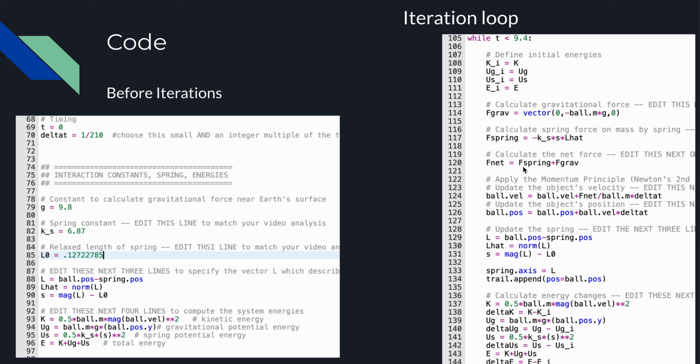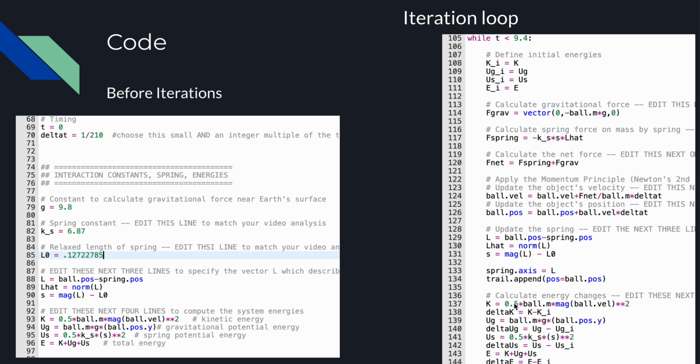The net force is going to be the spring force plus Fg, and then the ball velocity update formula is going to be the net force divided by the mass times delta t plus the initial velocity. And then the same thing with the position, just with the position and velocity instead. And then these values are the same as before with just updated values.